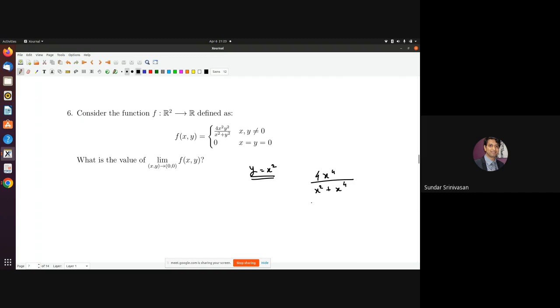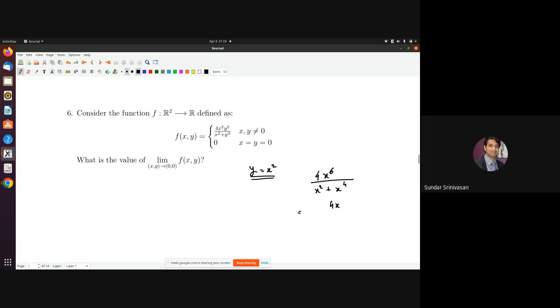Then y is x square, so y cubed will be x raised to 6. So it should be x to the 6. Then it would be 4 x raised to 6 upon x raised to 6.